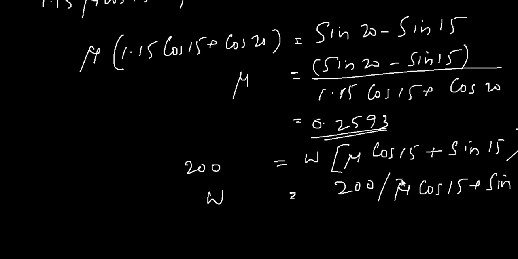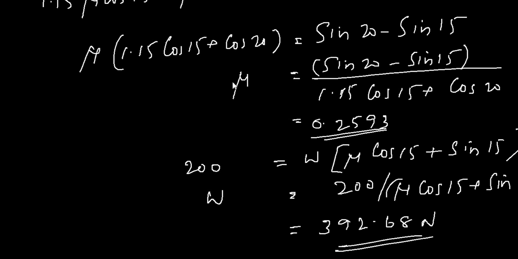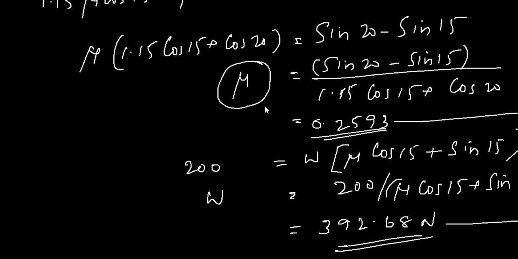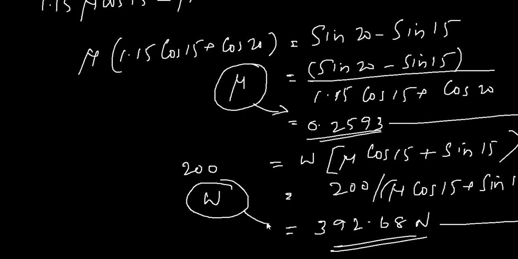Now you can substitute the value of mu in here, and that will give you 392.68 Newton. That is W, and that is the coefficient of friction. So this is answer 1, the coefficient of friction, and the weight of the body is answer 2.